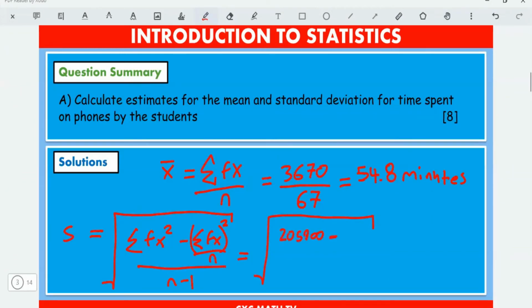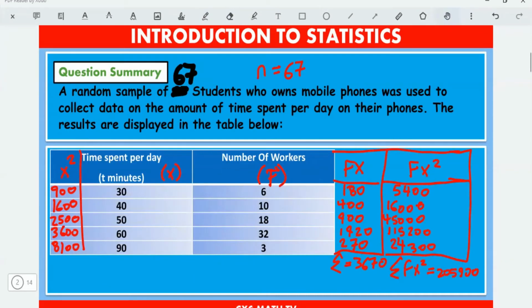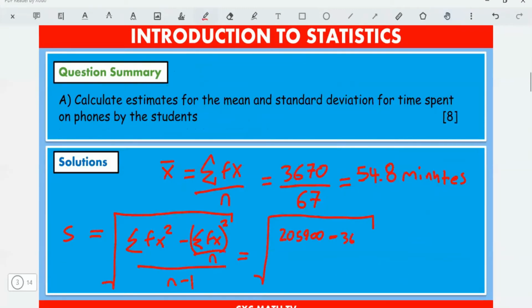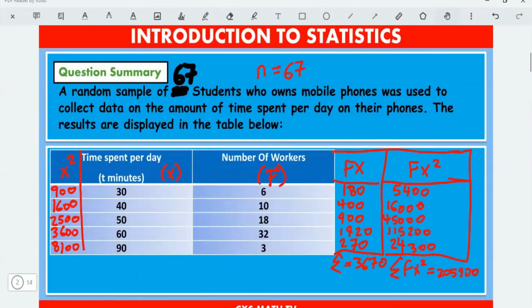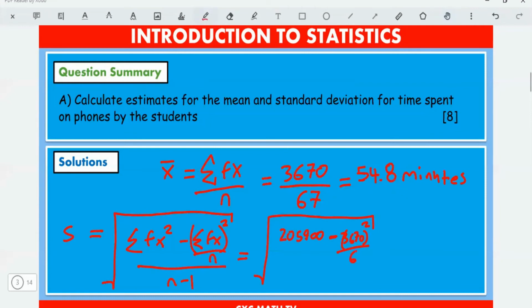Once we get that, this is going to be equal to the square root of 205,900 minus the sum of fx squared. Remember, the sum of fx is 3,670, so it's 3,670 squared divided by n. What was n? n is 67, and then we divide all of that by n minus 1, which is 66.